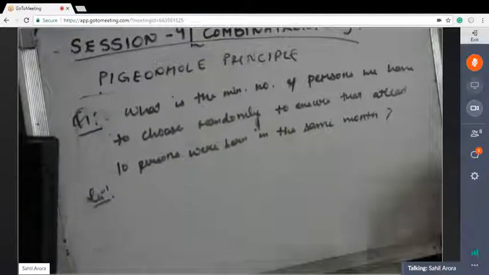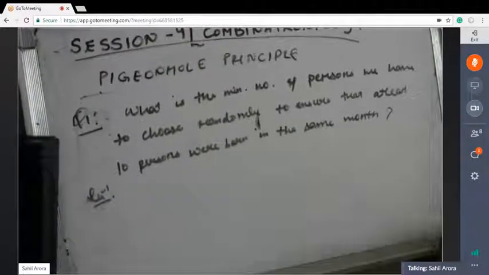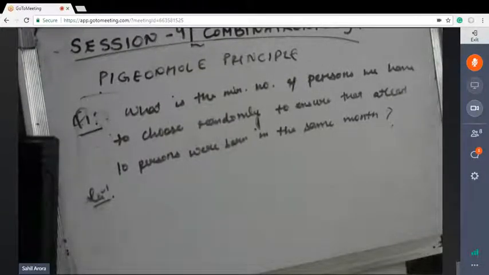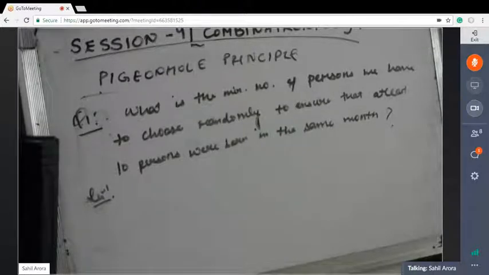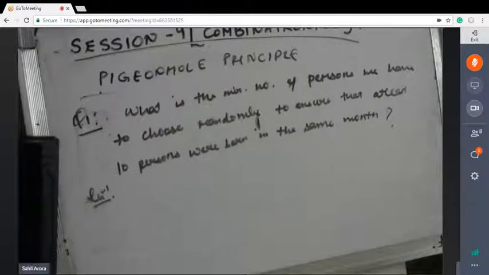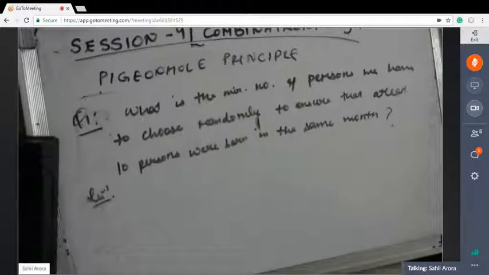So the first question is, what is the minimum number of persons we have to choose randomly to ensure that at least 10 persons were born in the same month? If anybody wants to try, you can.